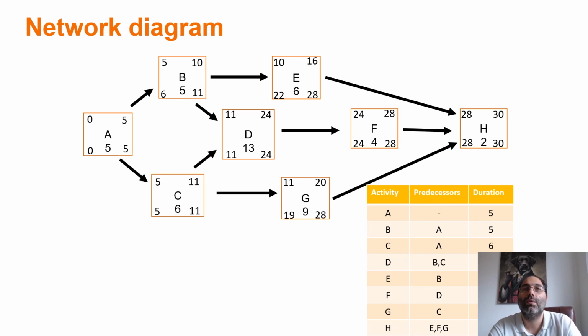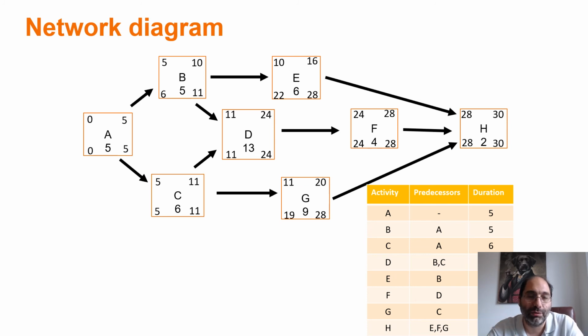And now that I have all my late start and late finish times, now that I have completed my forward and backward pass, I can also add slack or float times to this network diagram. It is very easy to calculate the slack or float. Remember, the one we include in the network diagram is the total float or total slack, not the free one. So how do I calculate it?